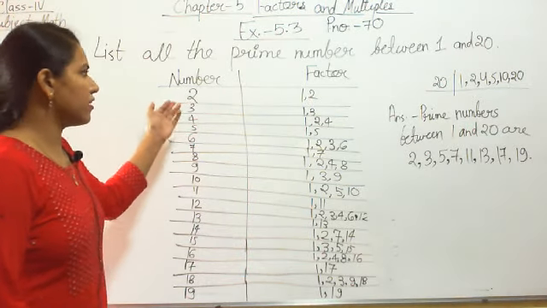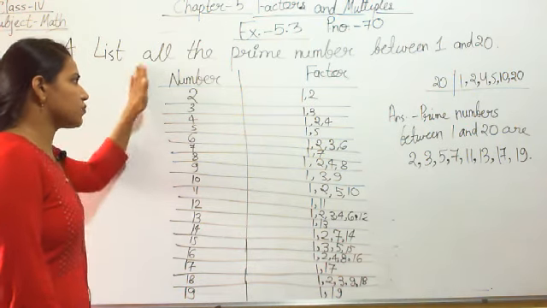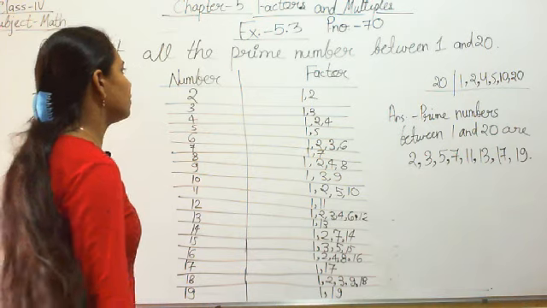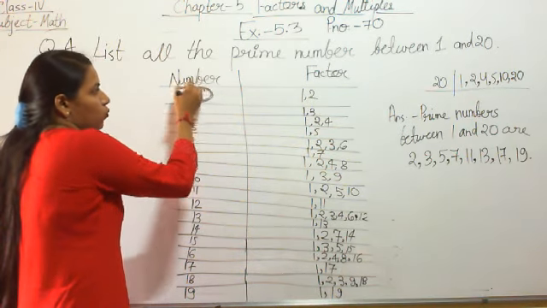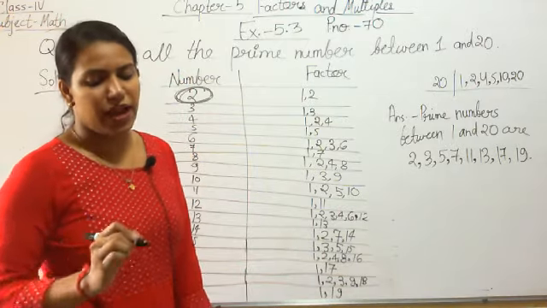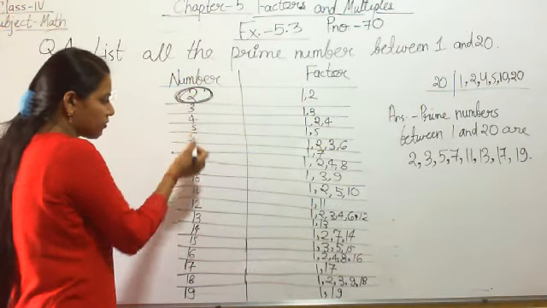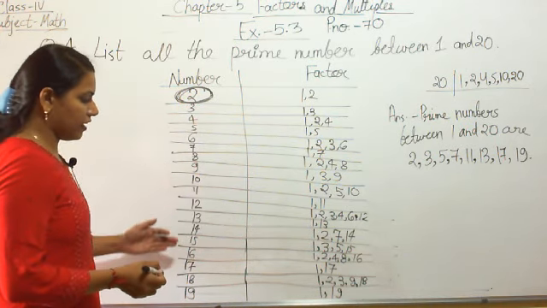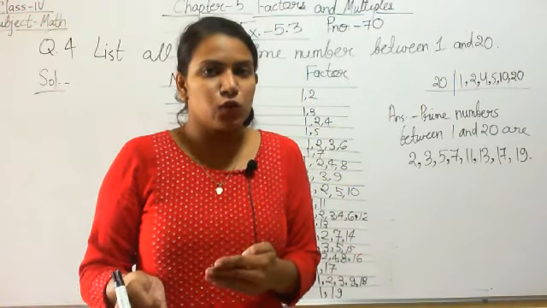2 is a prime, 3 is a prime, 5 is a prime, 7 is a prime. Which one is the smallest prime number? When you identify, then you observe that the number 2 is the smallest prime number, right? Number 2 is the smallest prime. All these 3, 5, 7, 11, 13, 17, 19 are greater than 2.